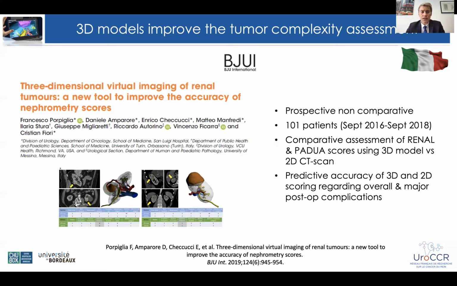They also evaluated the predictive accuracy of the scoring, either made with the 3D model or the 2D CT scan, regarding the overall and the major postoperative complications.